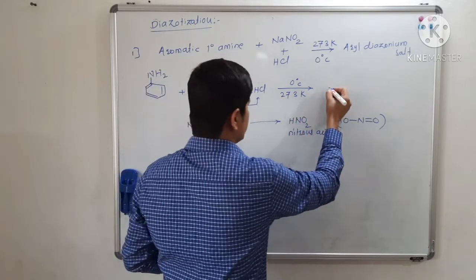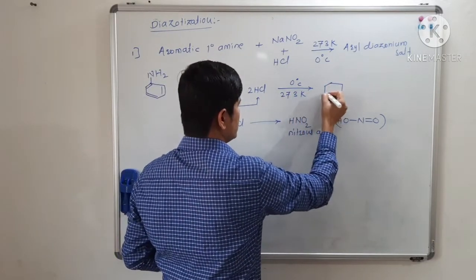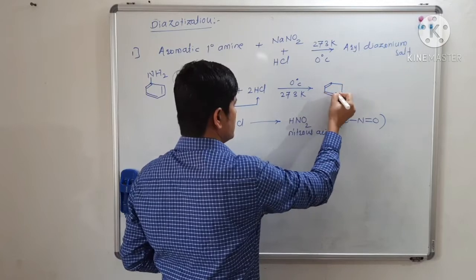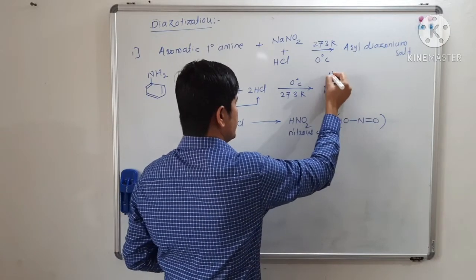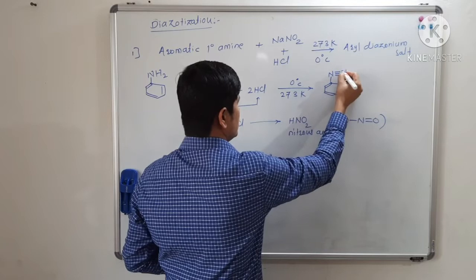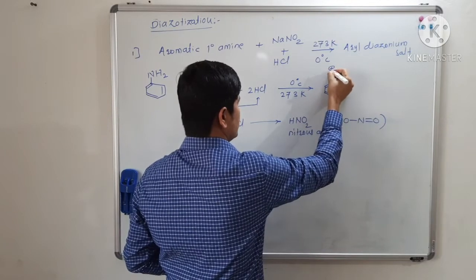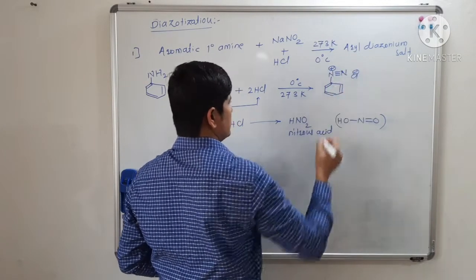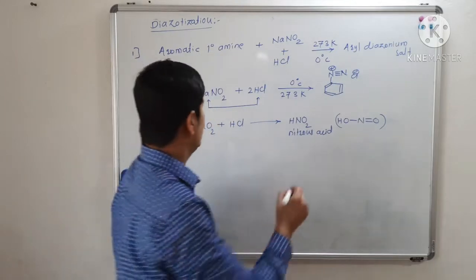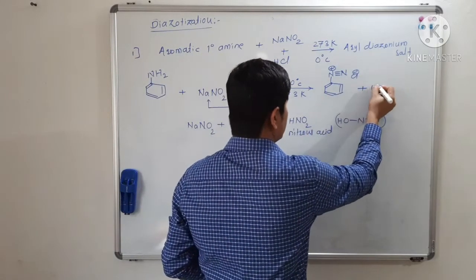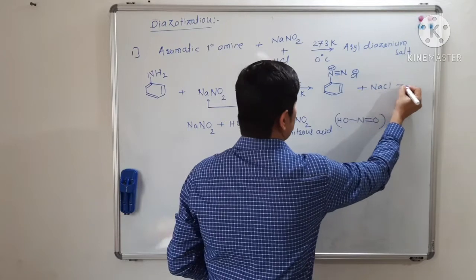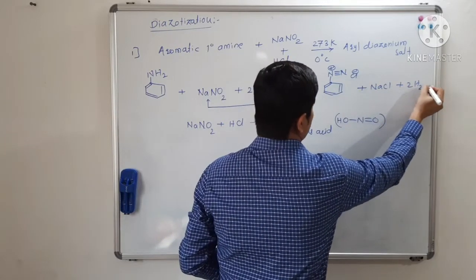So there will be a formation of benzene diazonium chloride, along with a byproduct NaCl and 2 moles of water.